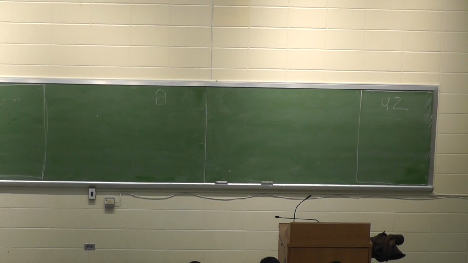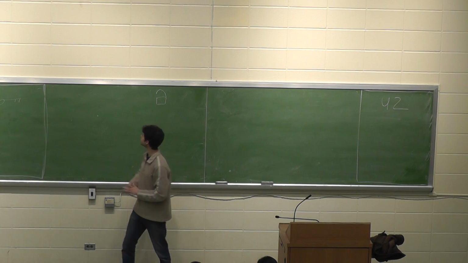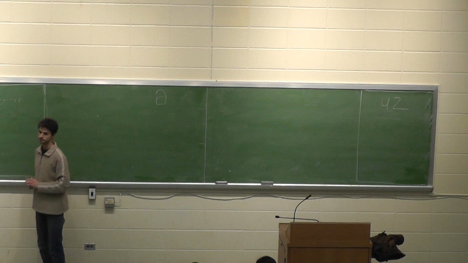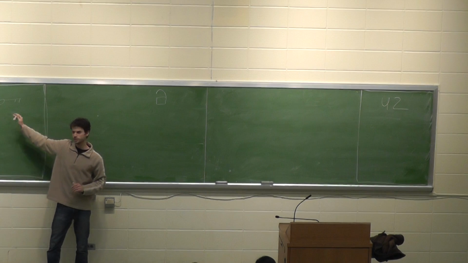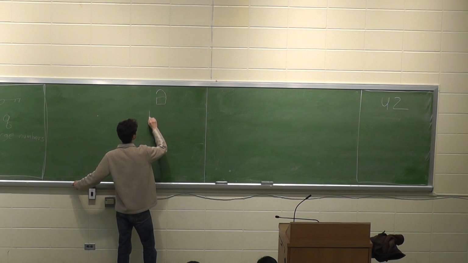So, one of the first ideas for a good enough lock was the RSA algorithm, and it is like this. The key will be just two large prime numbers. So, distinct large numbers. So that will be the key. The lock will be the following information.